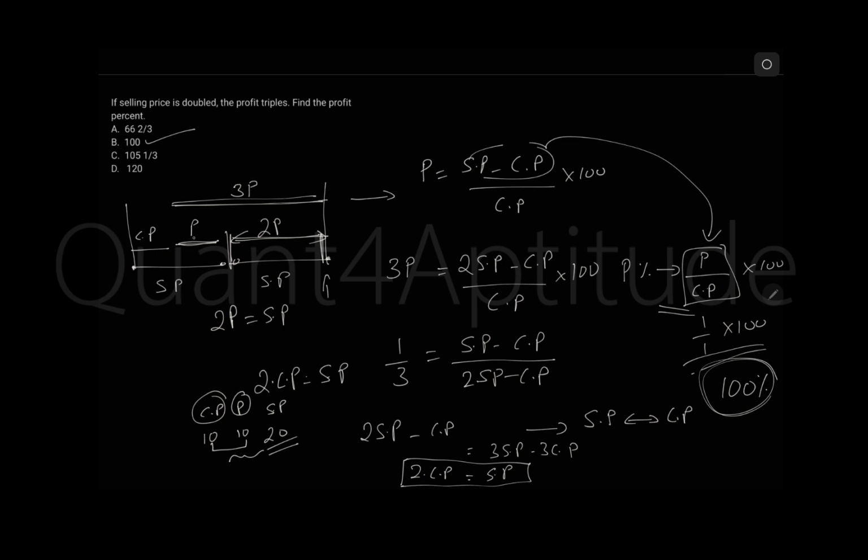The same thing if you interpret this side, which means that profit is half of SP, the same visualization here. Profit will be half of the selling price. That means the remaining half will be cost price. So this is half of the same value. That means these two are equal. You've got the same relationship here, which you end up achieving in the previous case.